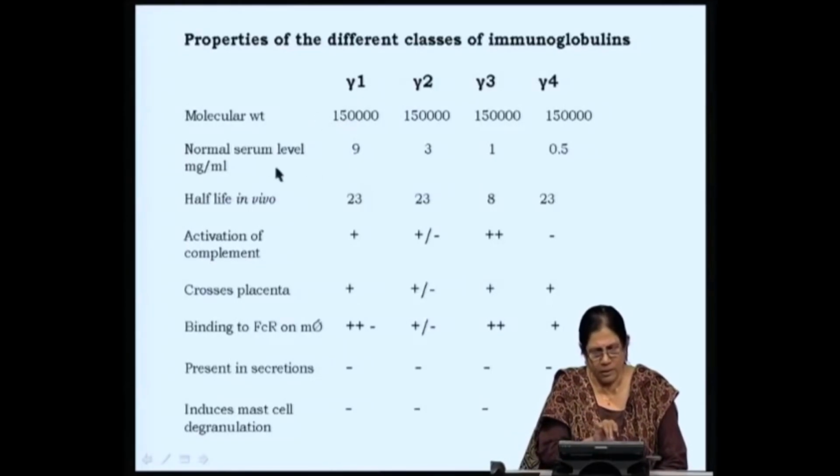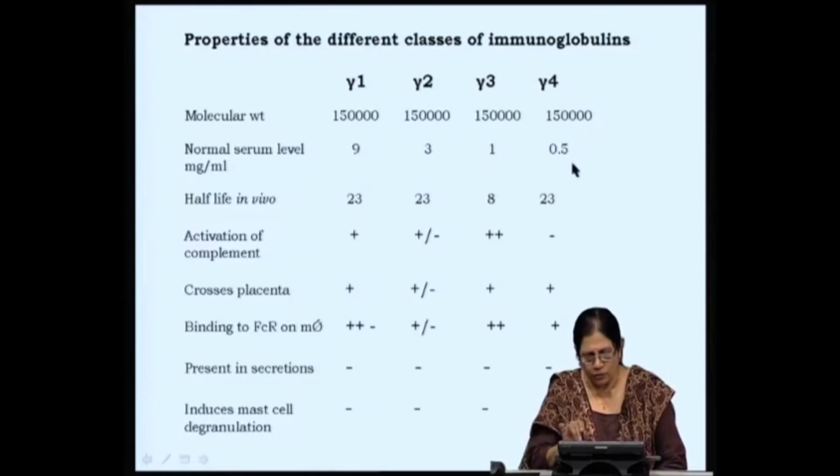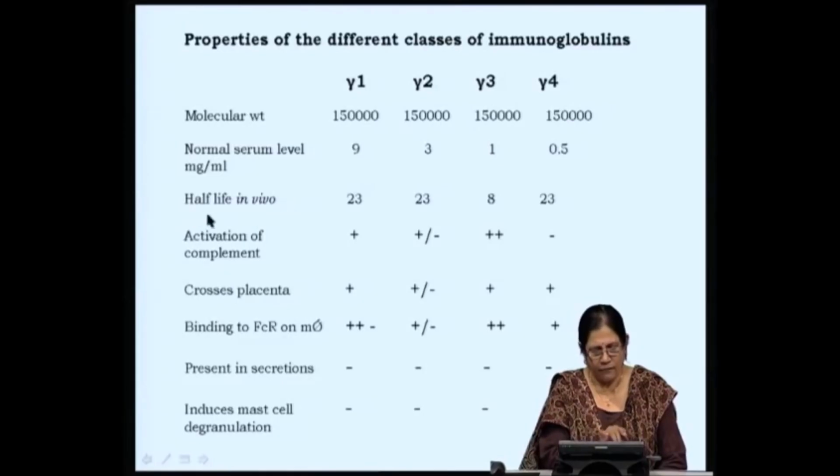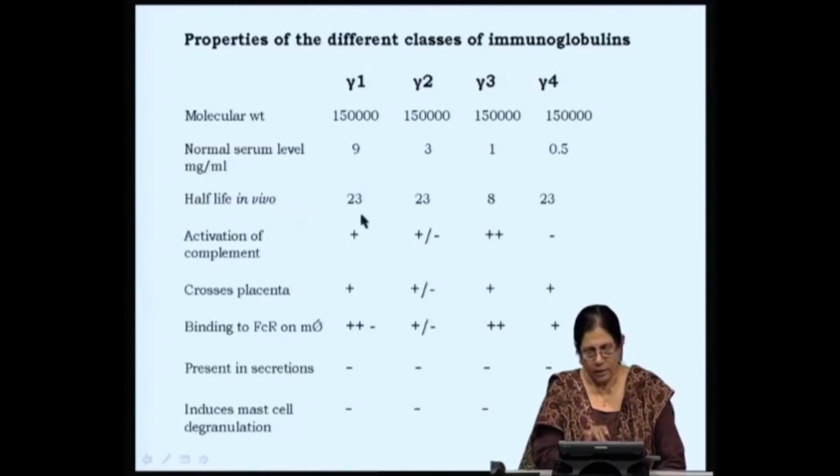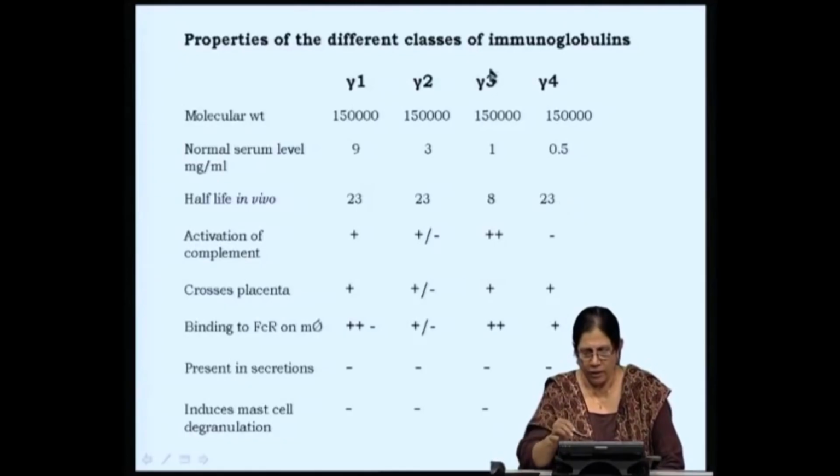The normal serum levels: IgG 1 is maximum at 9, then 3, 1, and IgG 4 is very low, 0.5 milligram per ml. The half life of IgG in circulation is 23 days. This says days, I missed that. Half life in vivo is 23 days except for IgG 3.